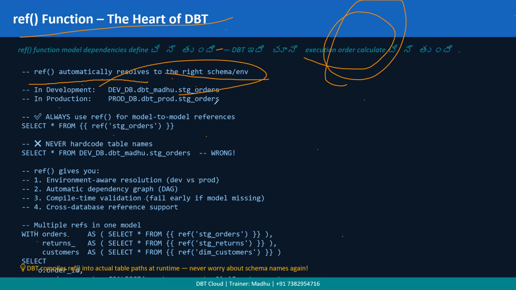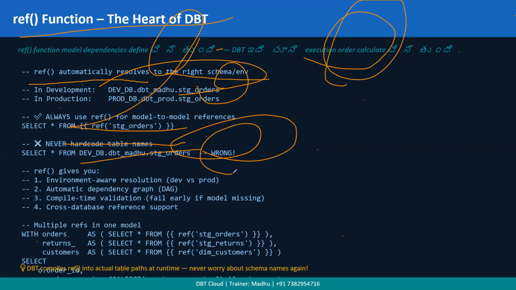Both are stage orders, one in development and one in production. Always use ref for model-to-model references: select star from ref of stage orders. Never hardcode the table names like select star from table name. This is the wrong way to do it.